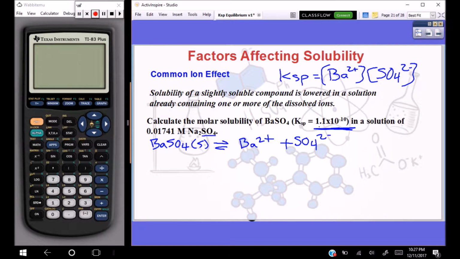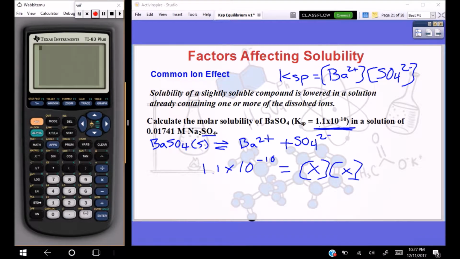If we were just doing this in water, we could set our KSP equal to my barium concentration, which is X, and my sulfate concentration, which is X. Really, this is X squared, right? We could turn on our calculator and just say square root of 1.1 times 10 to the negative 10th, and we would find out that our molar solubility is 1.05 times 10 to the negative 5th.